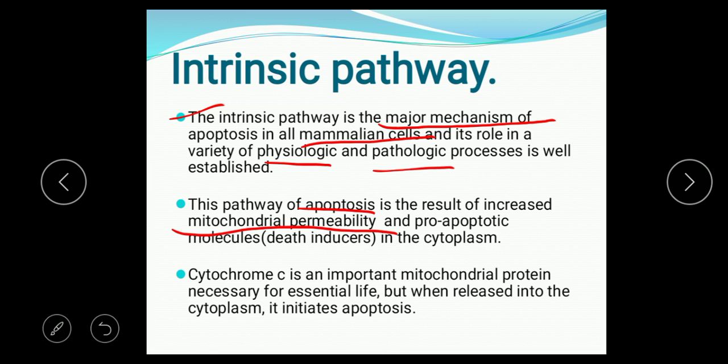Very important term here, guys. Mitochondrial permeability means that pores are formed in the mitochondrial membrane. In the middle of this process, the mitochondrial pores are formed, and out of them cytochrome C, the very major protein here, is released outside of the mitochondria into the cytoplasm, and then the further processes take place.